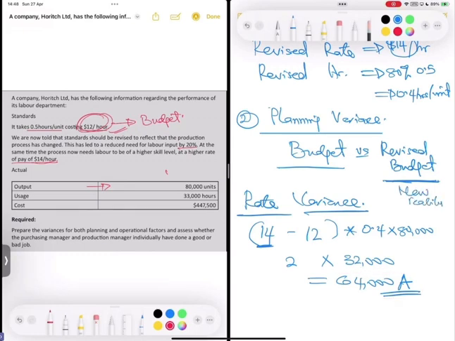That is why it is seen in quotes, like you're talking about the actual. So what you are saying is that you planned for 12, but your new reality is telling you that it should be 14. So you're actually in an adverse state already. That's the rate variance, and that is the planning variance for rate. Is it clear? Good?